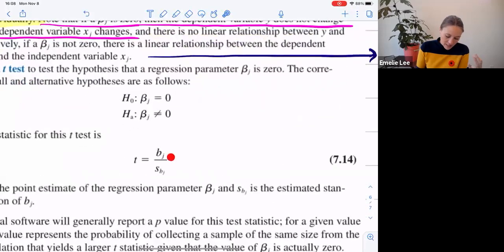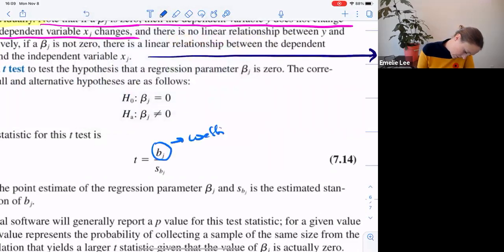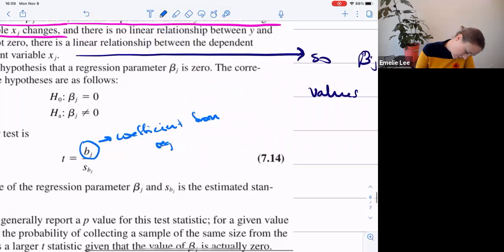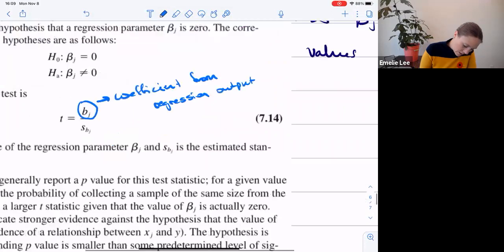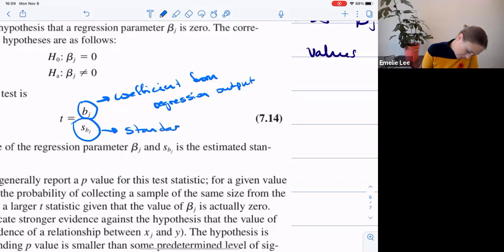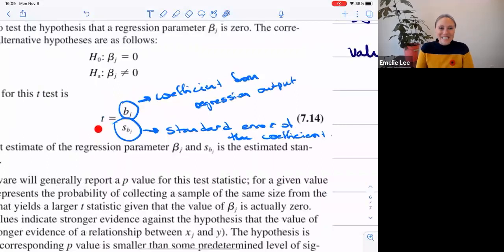Now, in terms of the test statistic, you take the estimate, or the coefficient, from the regression output, and then we want the standard error of that coefficient. Okay, and it gives us some t statistic.